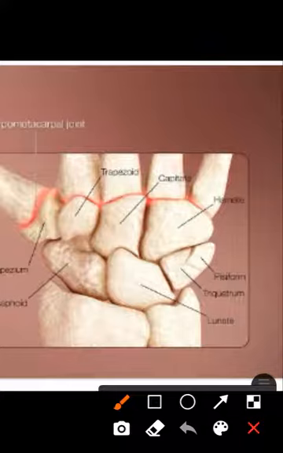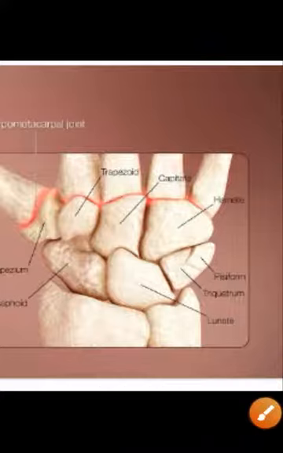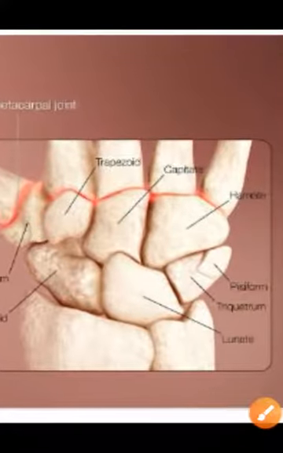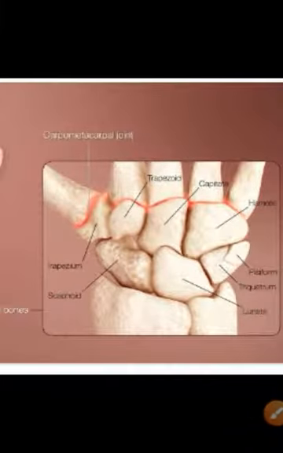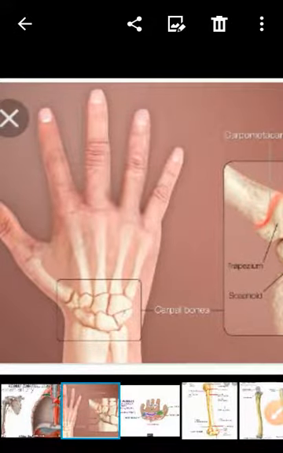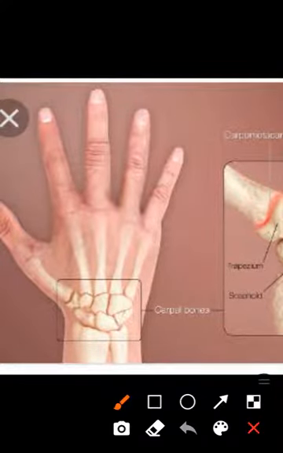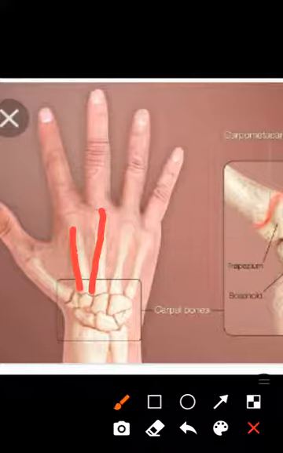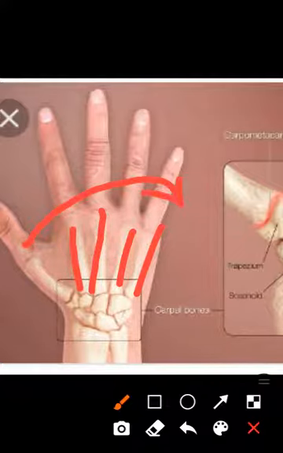And now we will discuss the metacarpal bones. These are the metacarpal bones. How are metacarpal bones classified? They are grouped from lateral to medial.